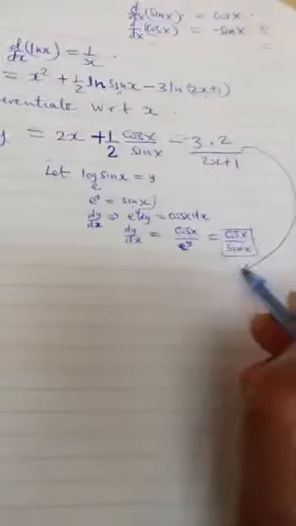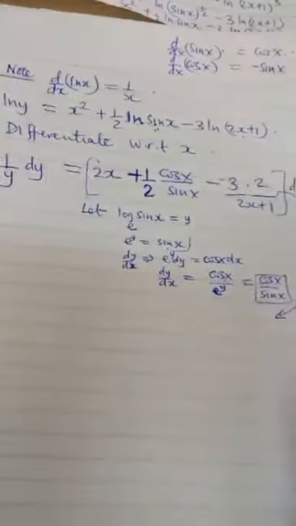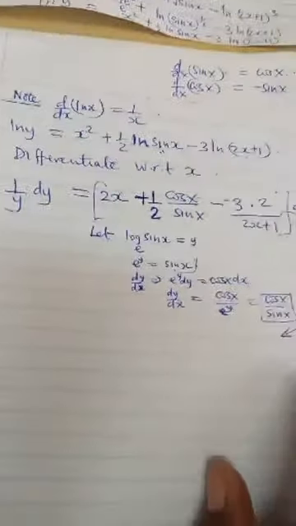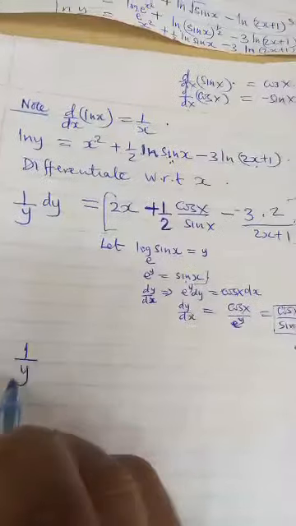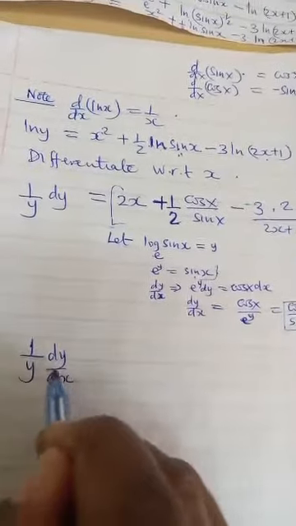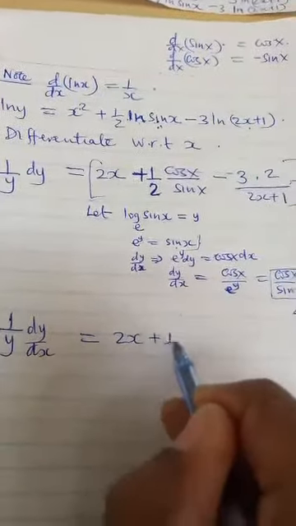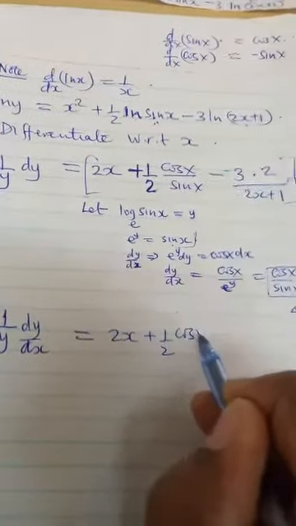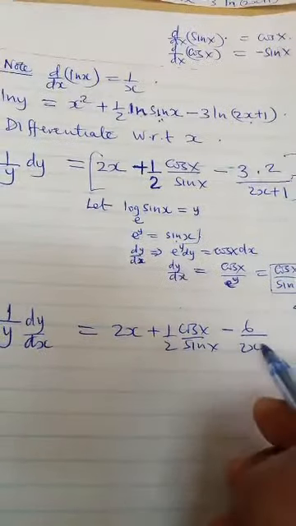So if I move it to the lower step, this was just to emphasize how we differentiate that, and the whole of this is subjected to a dx, such that if I divide, I can have 1 over y dy dx equivalent to my 2x plus a half cos x over sine x minus 6 over 2x plus 1.